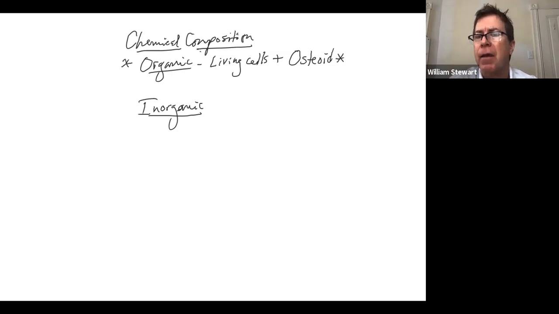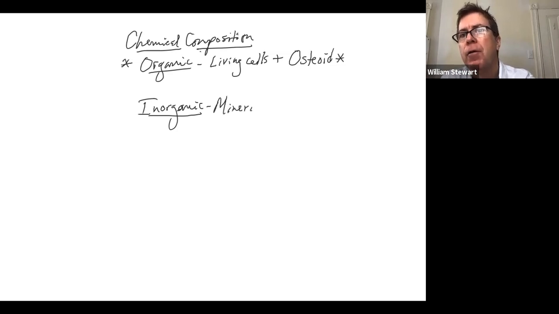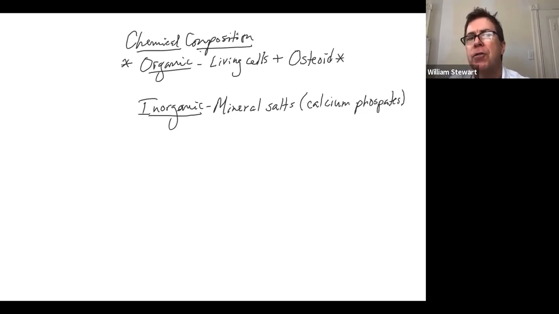The inorganic parts are mostly minerals. Your book probably says mineral salts because that's just the form that those minerals are in, specifically calcium phosphates. That's the big one. So calcium and phosphate are the two highest in quantity of the mineral salts.